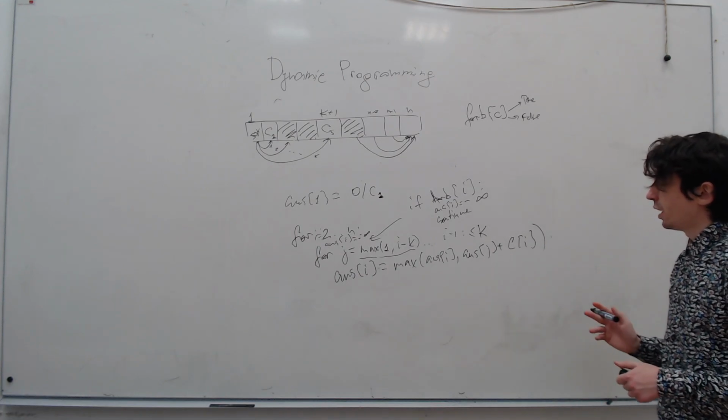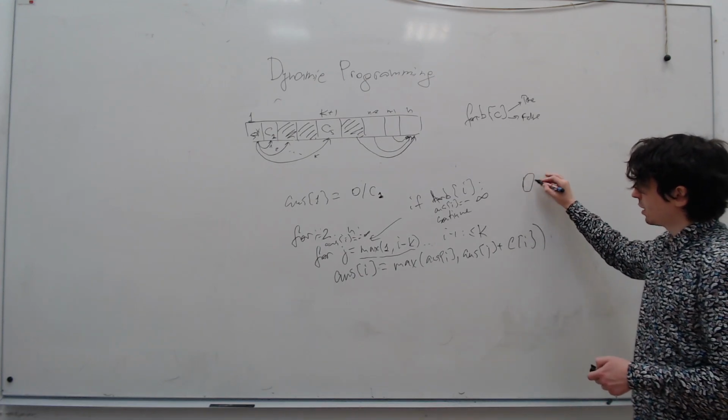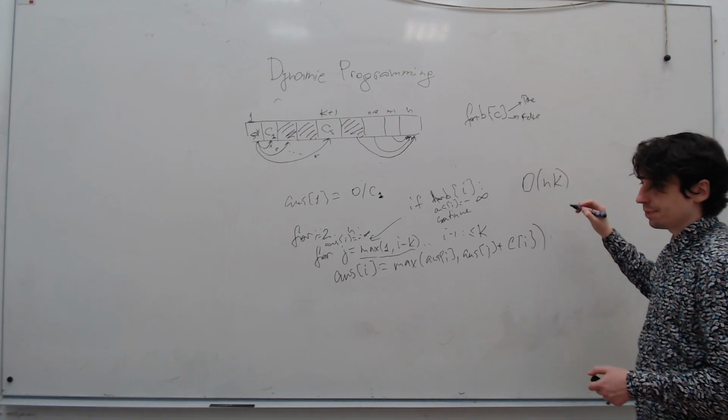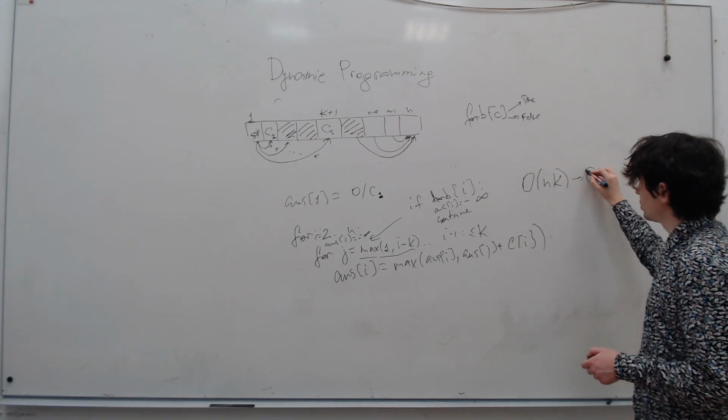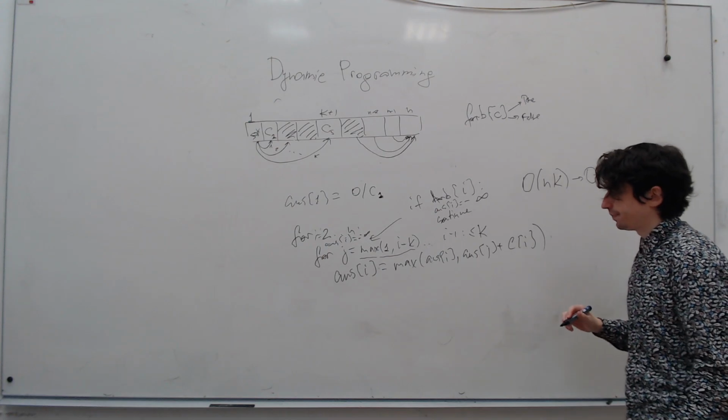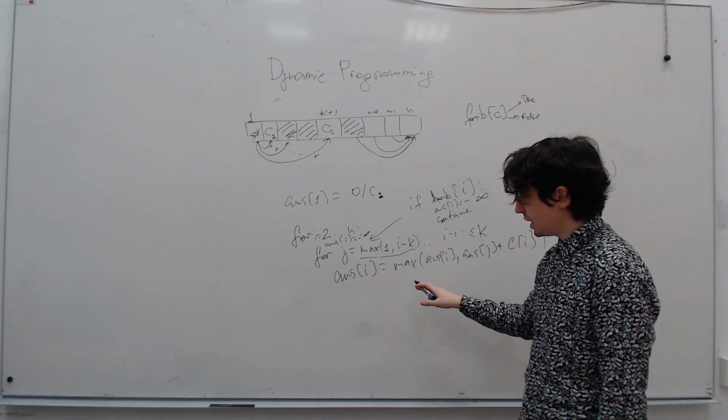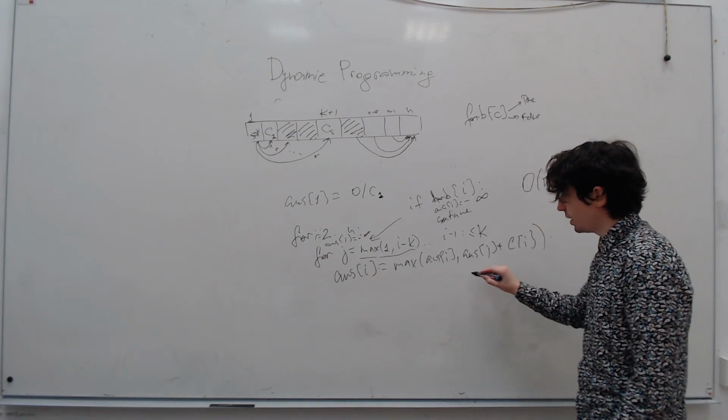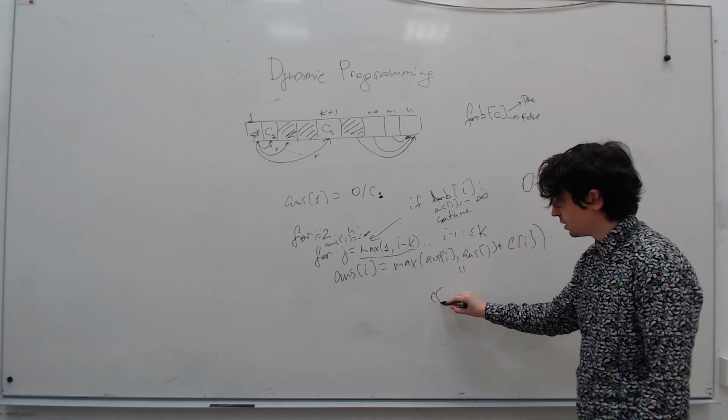Again, the complexity of this algorithm is O of n times k, which can be reduced to O of n, because you can see that this maximum is simple.